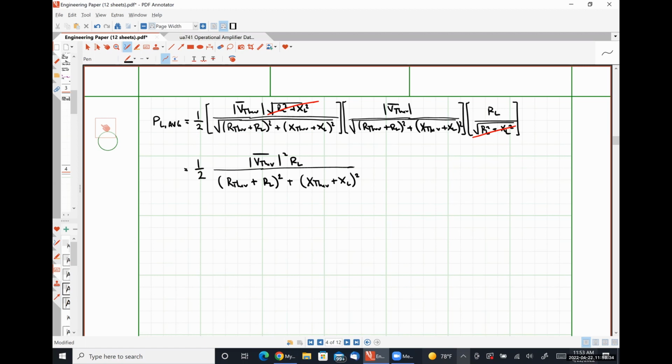So we have an expression for our average power generically.